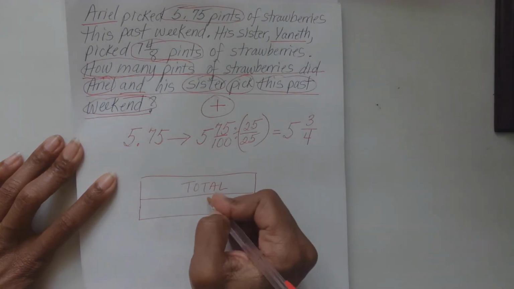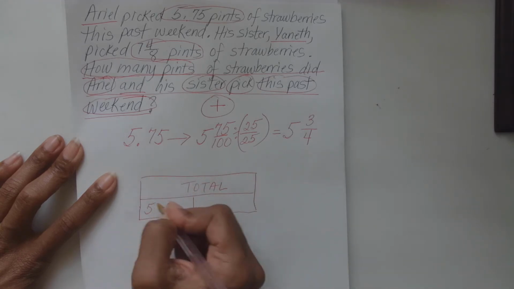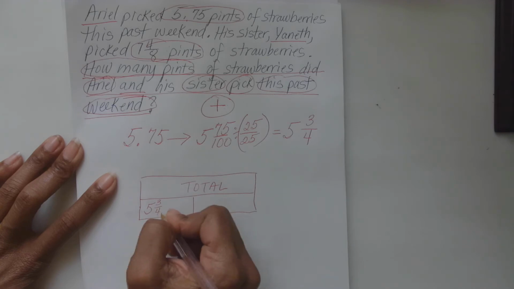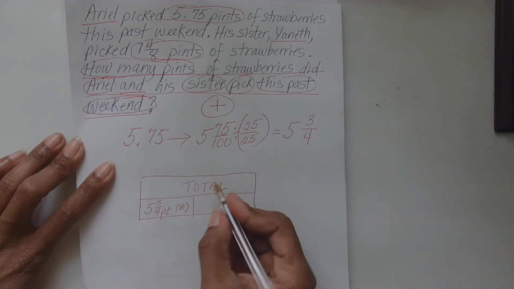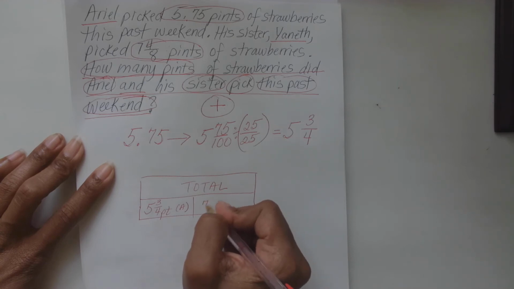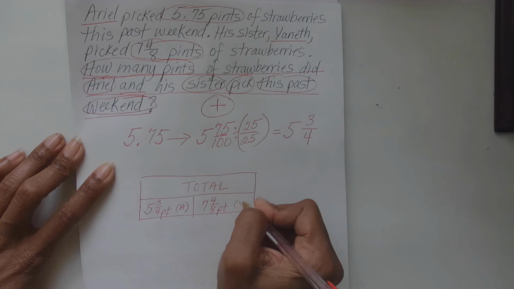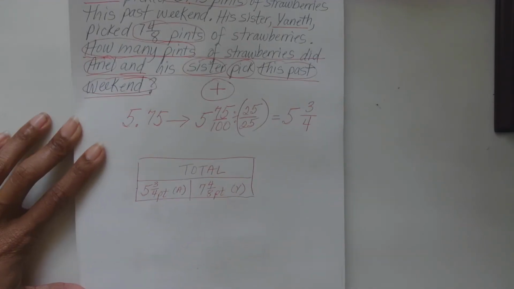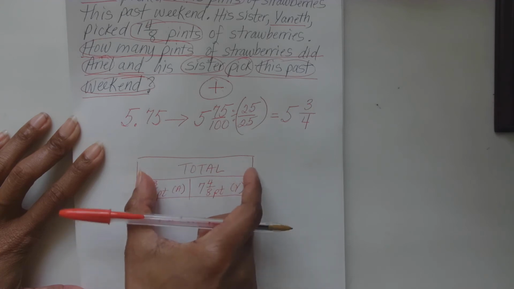We know one part is Ariel's part, which was 5 3/4 pints for Ariel. And then Yaneth's was 7 4/8 pints. That's Yaneth. So I have two parts that when put together will give me this total.